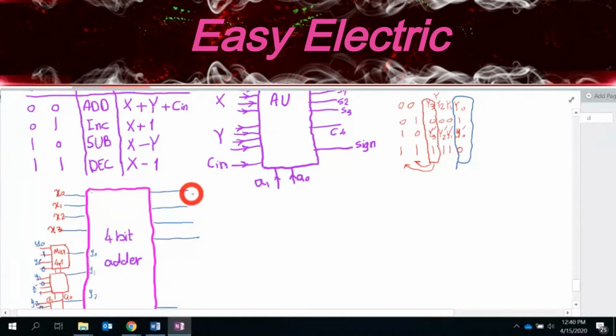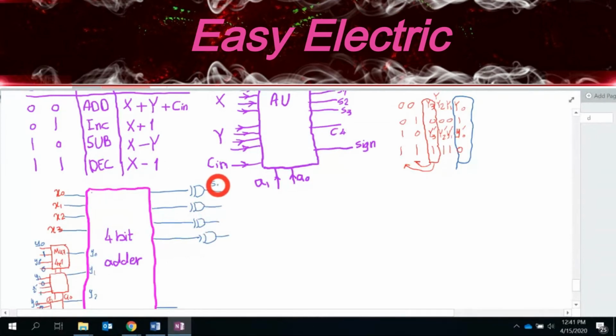Remember what we put in the outputs and why? We said, okay, we need to put the XOR. Why do we need to put the XOR?